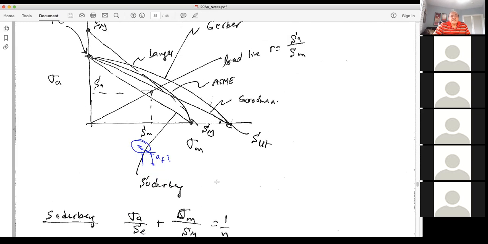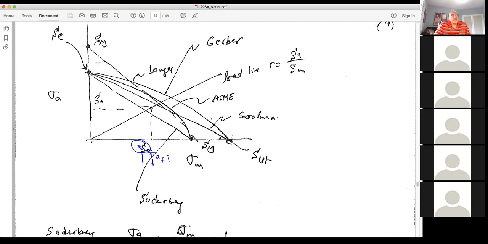Now, other experimental data coming from the automotive industry mainly gave a little bit more range for design. And instead of using straight lines, the correlations use a parabola. So we have two curves. One is the ASME, actually it's an ellipse, and that has a curvature, as you can see here, and it goes from S endurance to S yield, so it is expanding Soderberg.